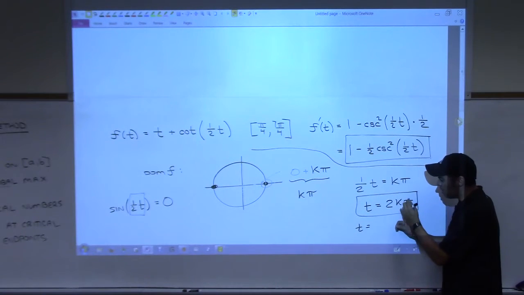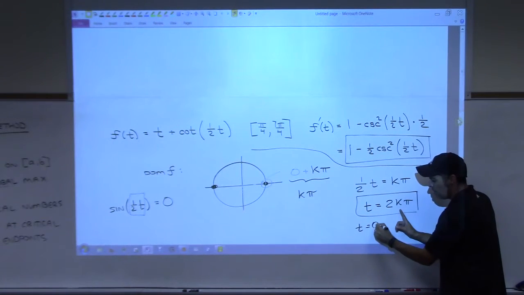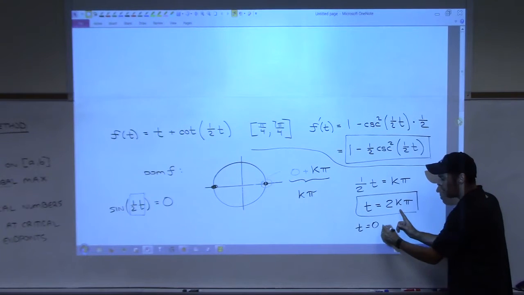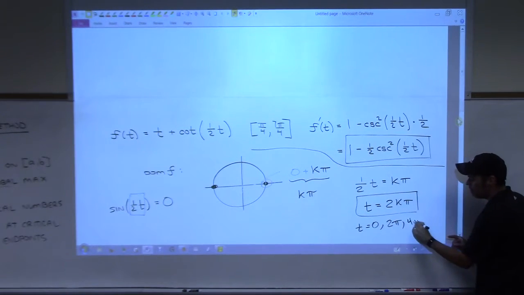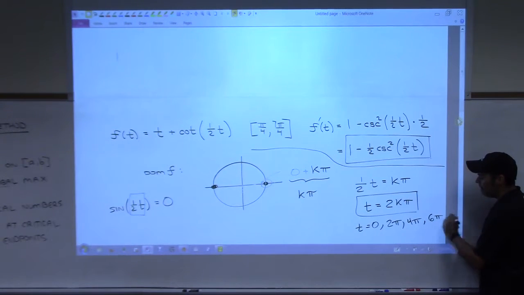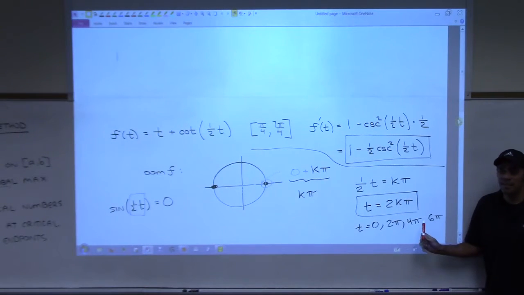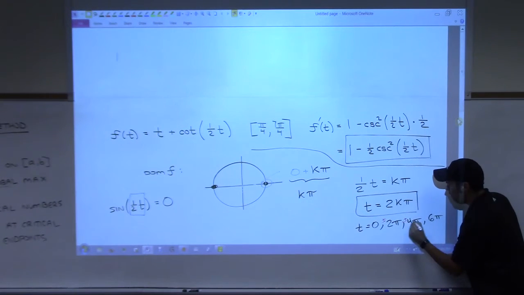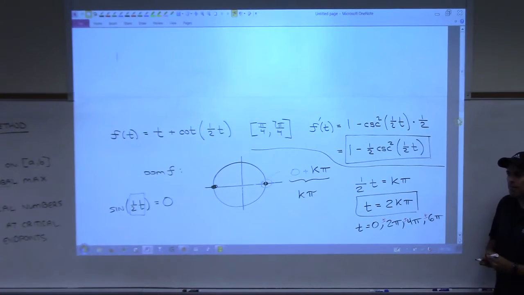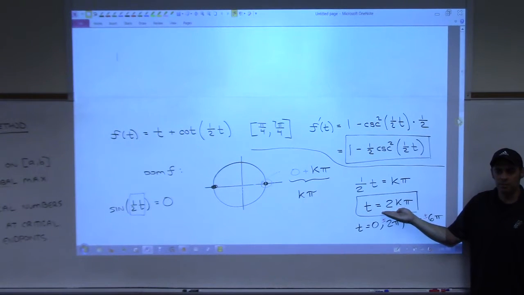How about if we plug in 0 for k? 0, right? We could also have 2 pi. We could also have 4 pi or 6 pi. But then you could have also had all of these negative. So it could be like plus or minus, plus or minus, plus or minus. Understand? This is your general solution answer.